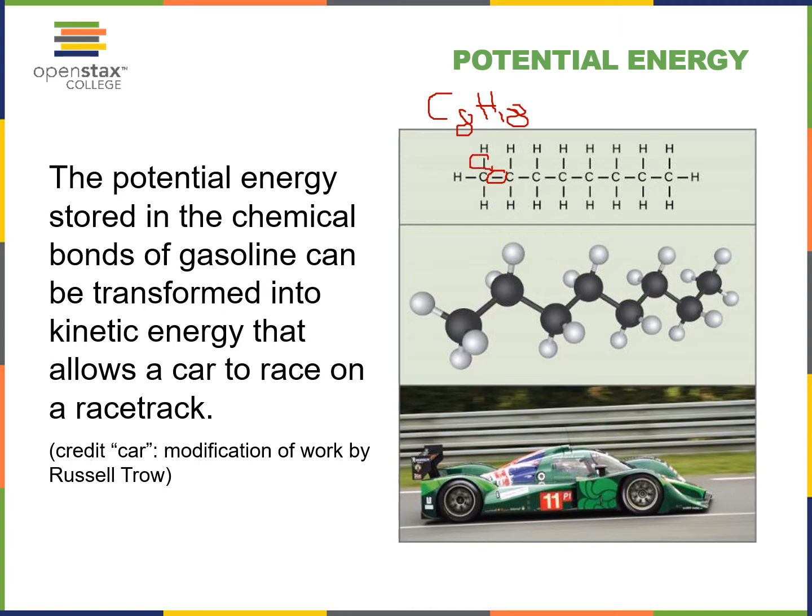The energy here is in the form of potential energy, and it's transformed into kinetic energy once the engine in the car system uses that gasoline to propel the car forward. And once it transforms that energy, it is then turned into kinetic energy, and again, it allows the car to accelerate.